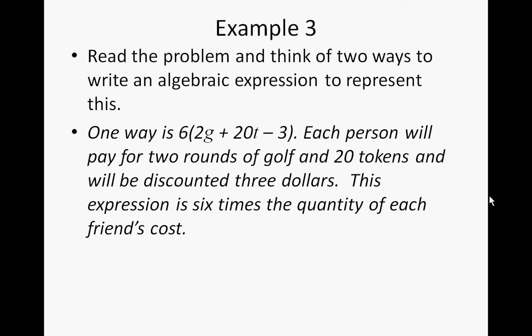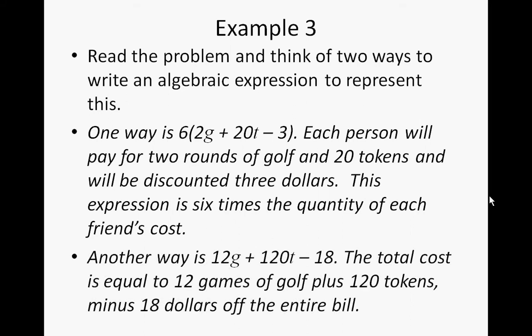This expression is 6 times the quantity of each of the friends' costs. But another way is we can write this as 12G plus 120T minus 18. The total cost is equal to 12 games of golf plus 120 tokens minus $18 off the entire bill.